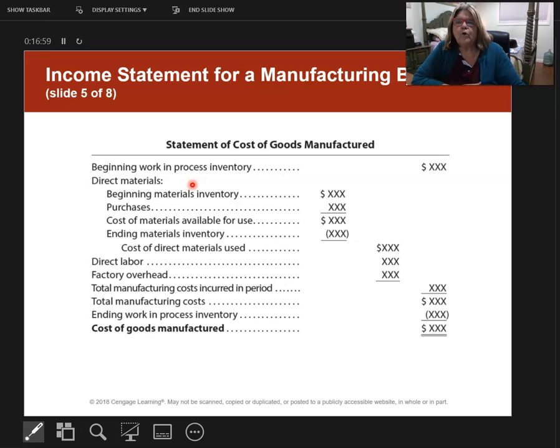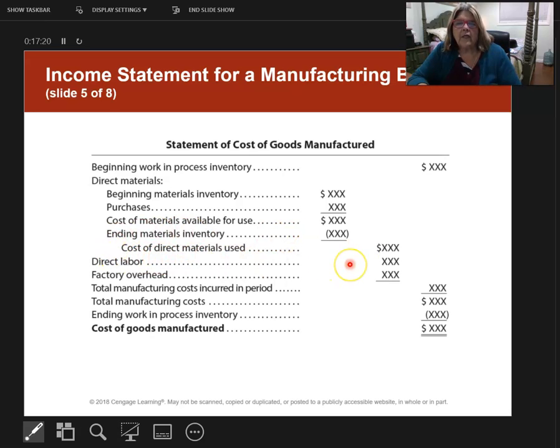As I pull from my materials, I pull them into WIP. So my direct materials is my beginning that I already had, plus materials I bought, added together, minus what's left on the shelf, which is the cost of the direct materials that went into the WIP account.